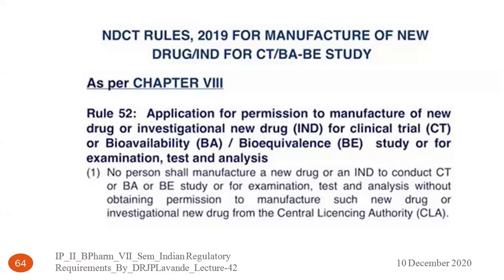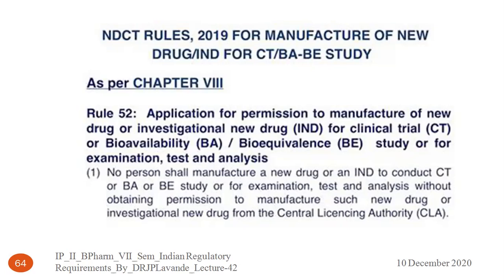CT means clinical trial, or bioavailability, that is BA, bioequivalence BE, that is the BABE study, or for examination, test, and analysis. Right? So all these studies have to be carried out.